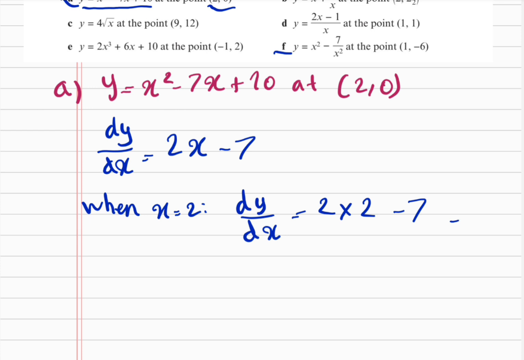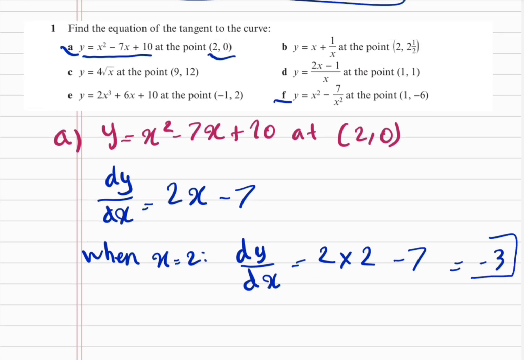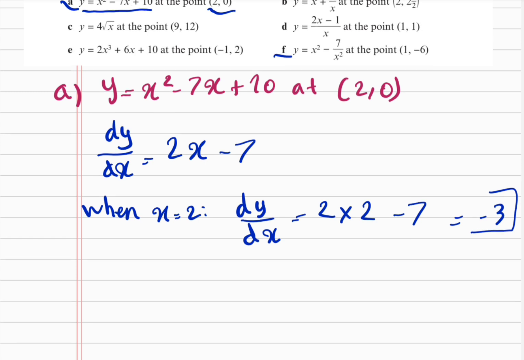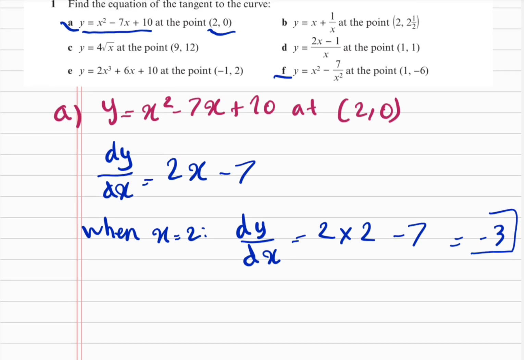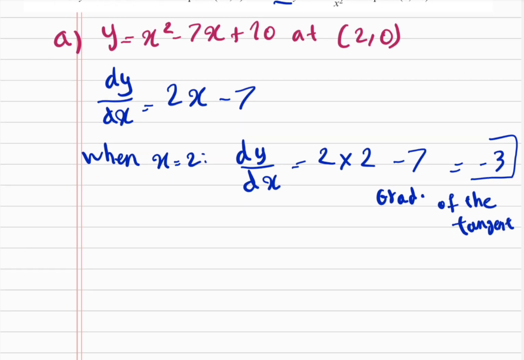So the gradient is equal to minus 3. So that's the gradient of the tangent, and also the gradient of the curve at that point, obviously.